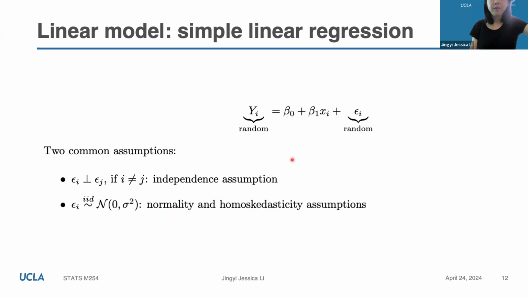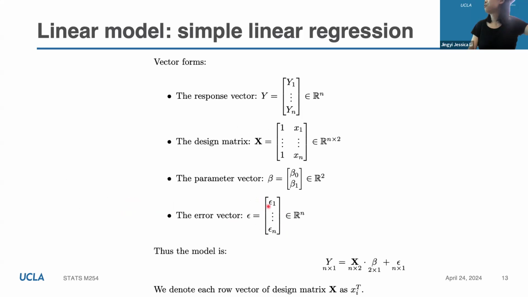Now, if we want to make it vector form. Once you go beyond simple linear regression, matrices make things much simpler. So now we stack the n responses into a y vector, n-dimensional. We stack the n values of the predictor, along with a column of ones for the intercept, into a matrix. This is called the design matrix. We have the two parameters, intercept and slope, stacked in a vector, and the error terms stacked in a vector.